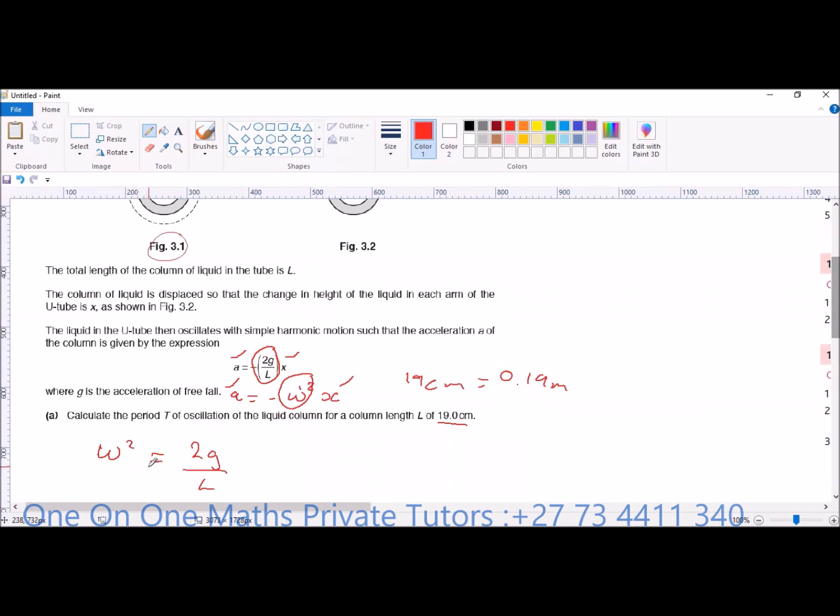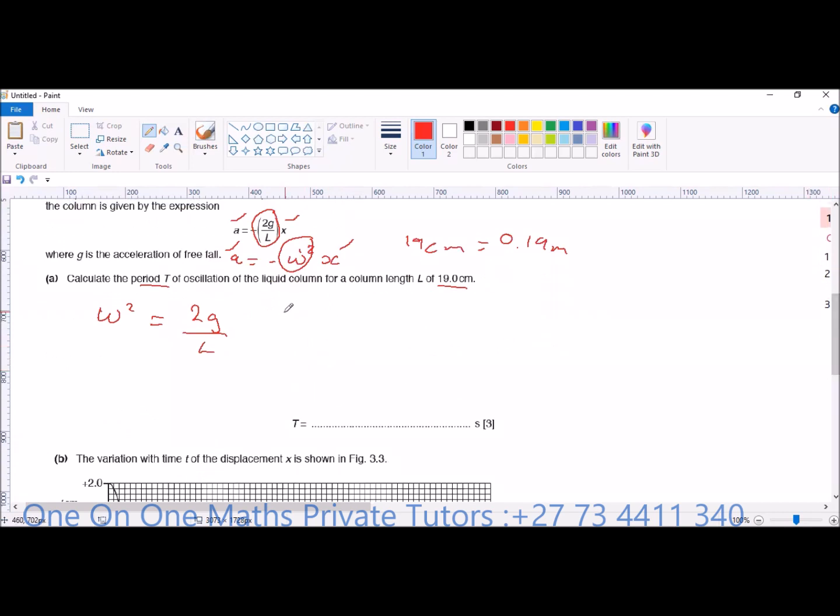We want the period. We know angular frequency, which is our omega, is equal to 2 pi f.